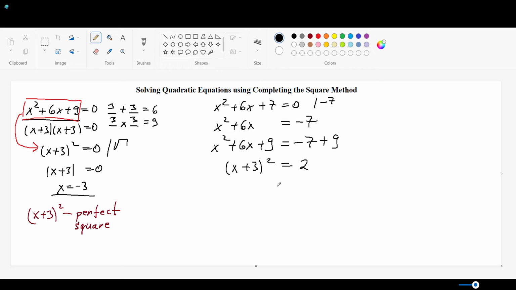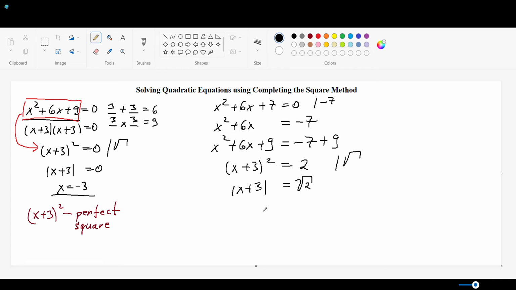And this is something we are able to solve, because we can take the square root of both sides of this equation, and we get the absolute value of x plus 3 equals square root of 2. Square root of 2 is not a very nice number, but it's still a valid number, and I'll show you why.